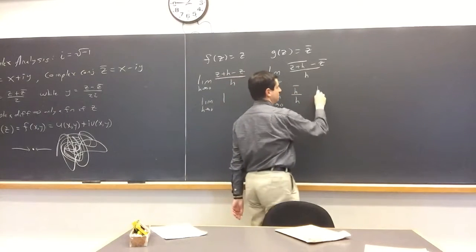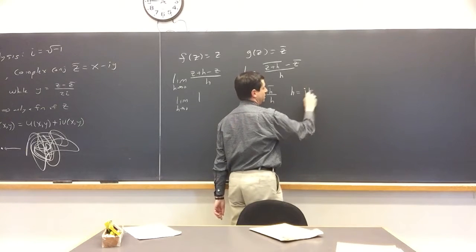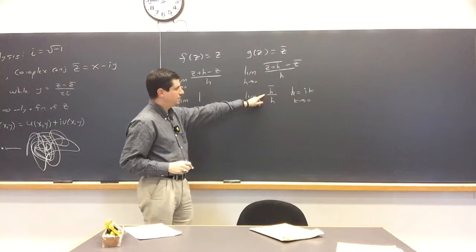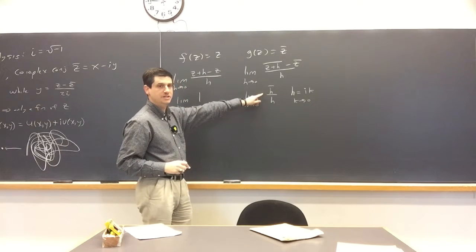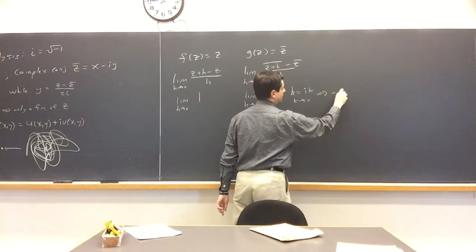But if, for instance, h equals i times k, with k going to 0, then what I would get here is negative i.